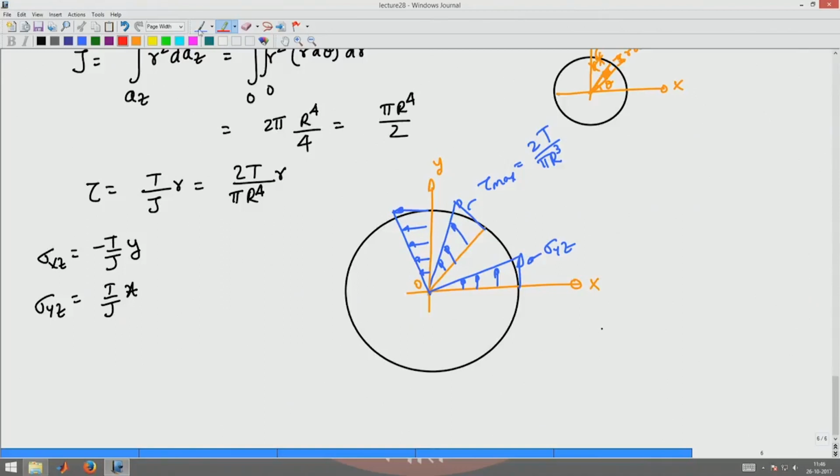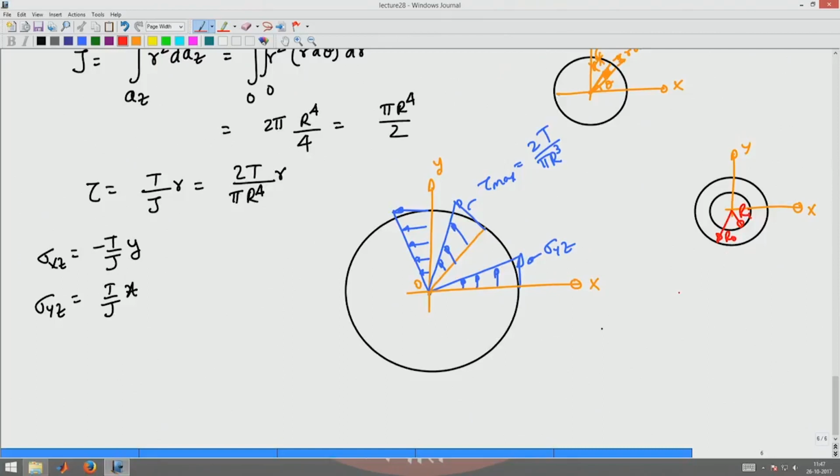Now let us see what happens when the cross section becomes an annular cylinder cross section, as shown here. Say this is x, y, and the dimensions of the cross section are Ri, the inner surface radius, and R0, the outer surface radius.